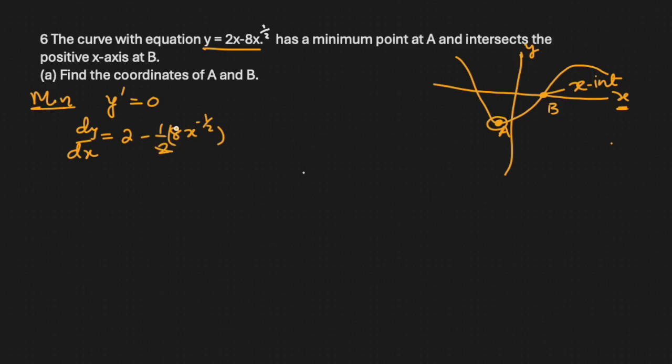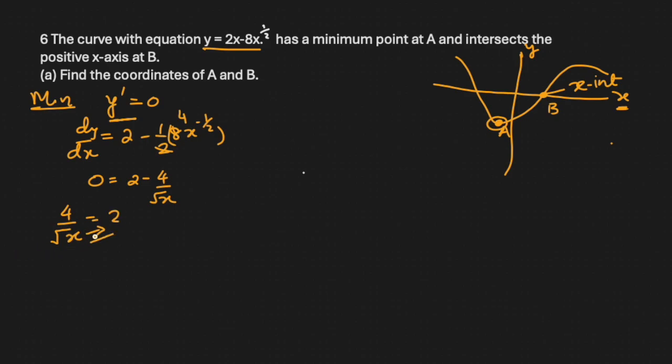So this 2 and 8 cancel, and it comes out to 2 minus 4 over square root x. This is the differentiation, and now this is equal to 0. So let's bring it to the left side, and it becomes positive 4 over square root x equal to 2, and let's cross multiply.